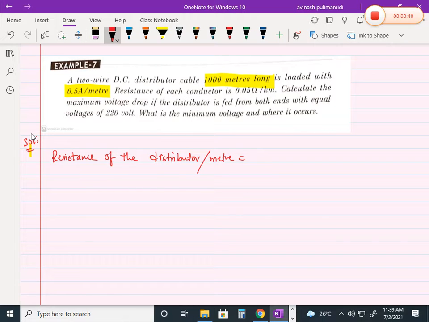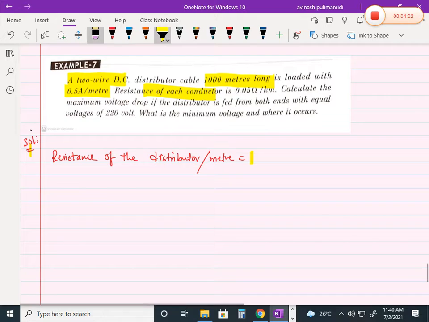Resistance of each conductor is 0.05 ohms per kilometer. Each conductor means we'll have both conductors, because a two-wire distributor is given. So two-wire distributor and resistance of each conductor is given. So what we have to do? Multiply it by 2. Understood?